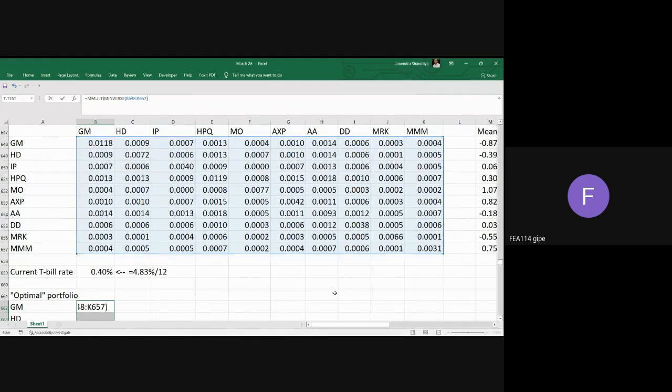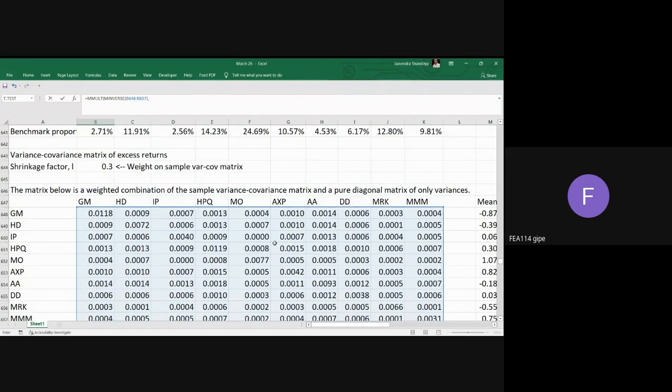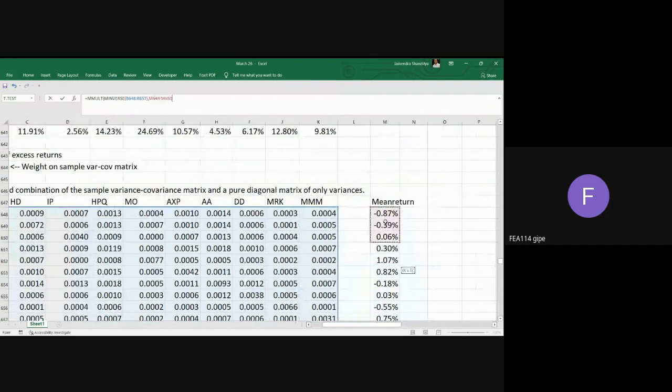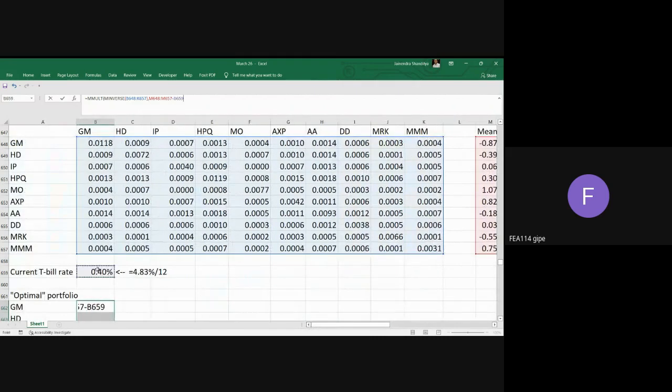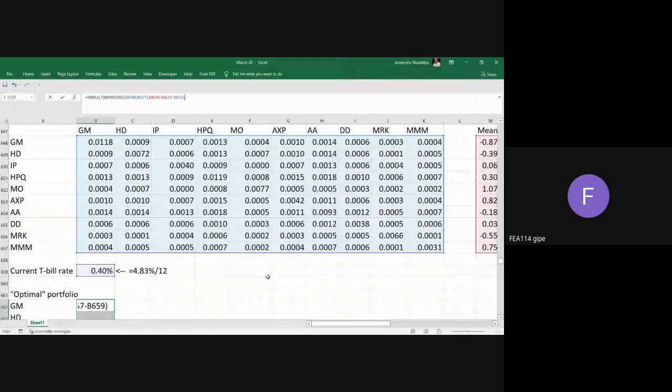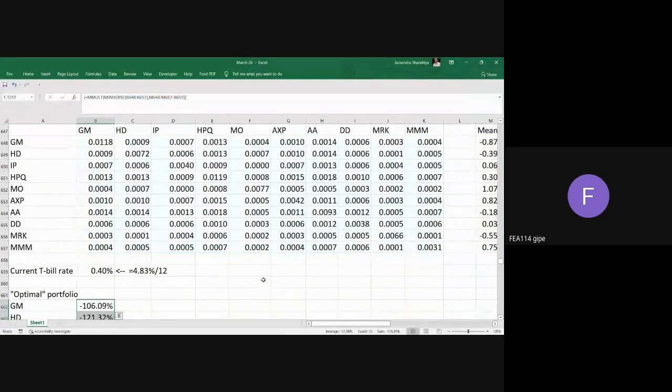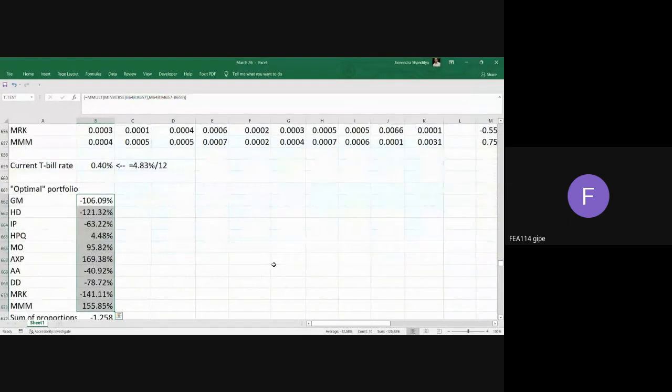And then what more do I need? I need ER minus C. So what is the expected return of my portfolio? The expected return of my portfolio is this one, and from here I subtract the risk-free rate, which is 0.4%, like 1/12 of 4.83. Then I do control shift enter to see the value.